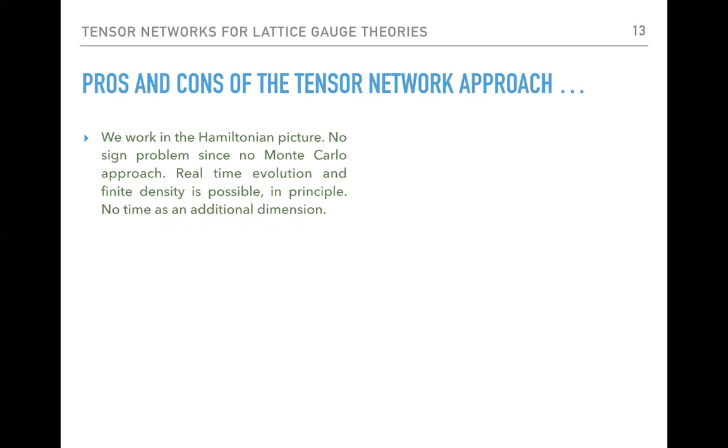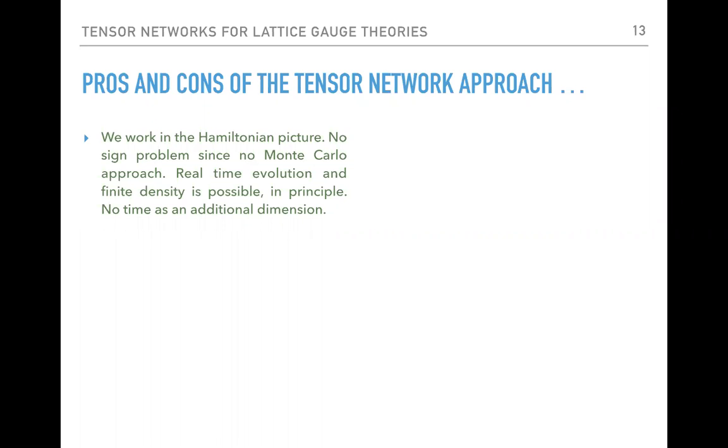Since we work in the Hamiltonian picture, which is more natural for tensor networks, although you can also use tensor networks to parameterize path integrals and things like that. It's not that tensor networks only work with Hamiltonians, but for the sake of this talk, let's assume that tensor networks work in combination with the Hamiltonian picture of quantum mechanics.